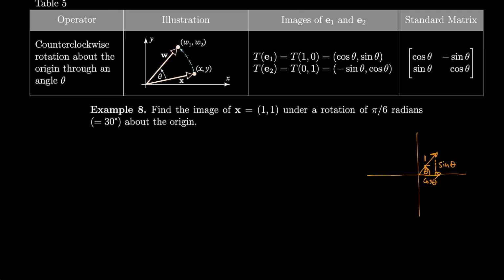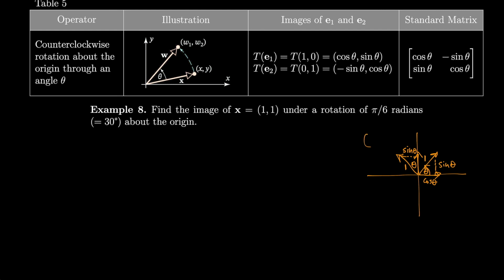Similarly, if we looked at the vector E2, that's the vector 0, 1. And if that rotated by an angle theta, then again I can draw a little triangle. I can see that this piece over here will be opposite, so that's sine theta, that's 1 over here, so this adjacent piece is cosine.